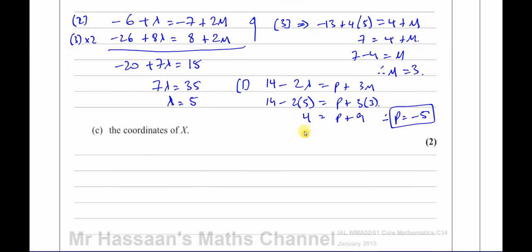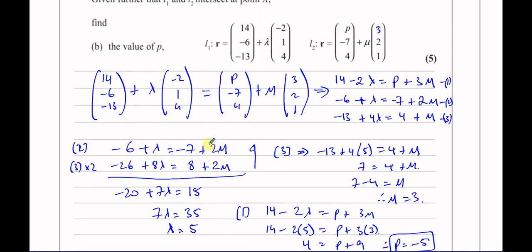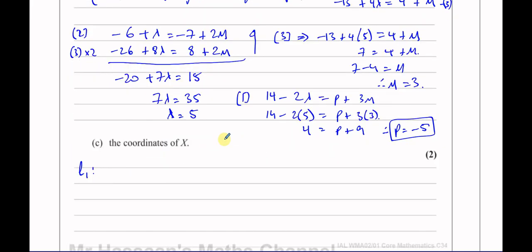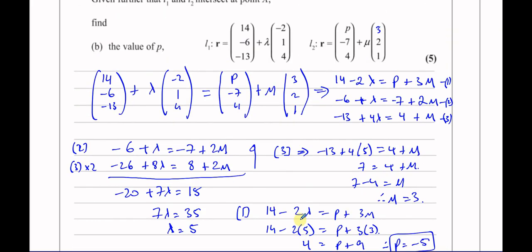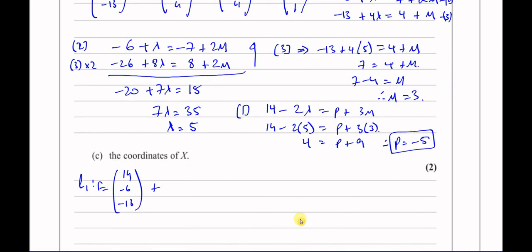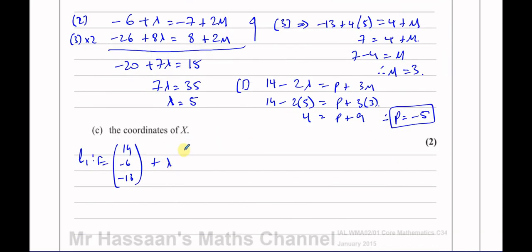But if I take line 1, be very careful that you don't mess up with negative signs. It's a very common mistake. So 14 minus 6 minus 13, that's r equals, plus lambda times negative 2, 1, 4.